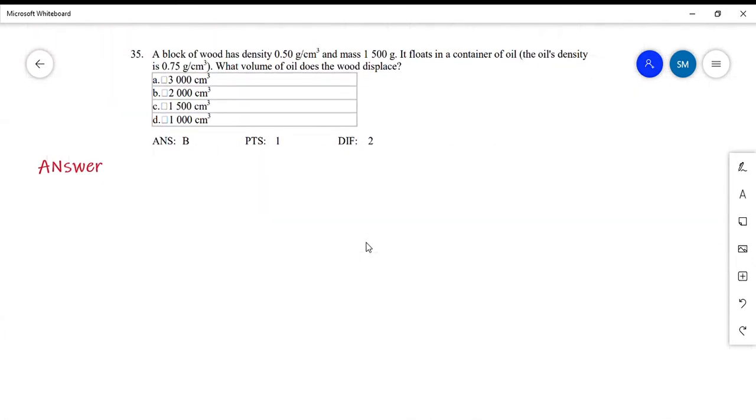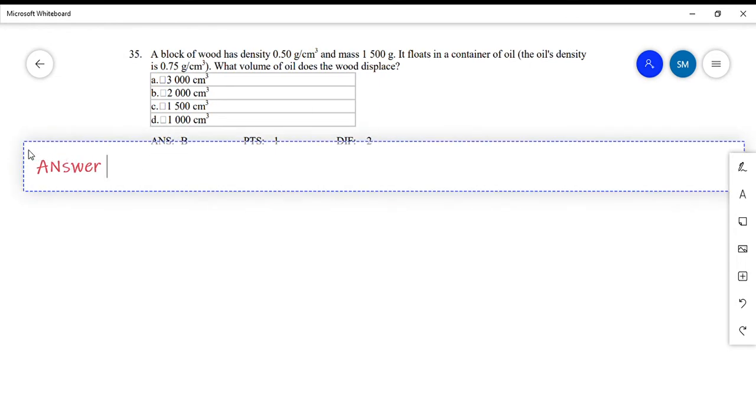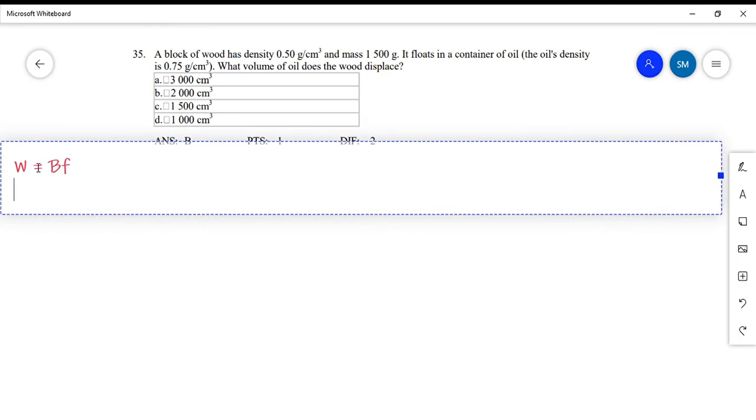Question number 35. In this case, the weight is simply equal to the buoyant force. So the weight is the mass of the wood times the gravity.